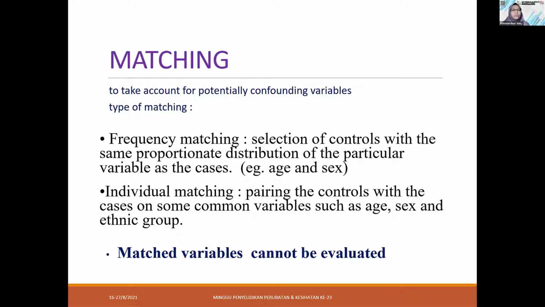Then we can also do individual matching, pairing the controls with the cases on some common variables such as age, gender, and also ethnic group. So that means the numbers are not necessarily the same, but they are almost the same age group, sex, and also ethnic group. Matched variables cannot be evaluated. Yeah, so we just present the matching between the case and control, but we do not analyze it further.